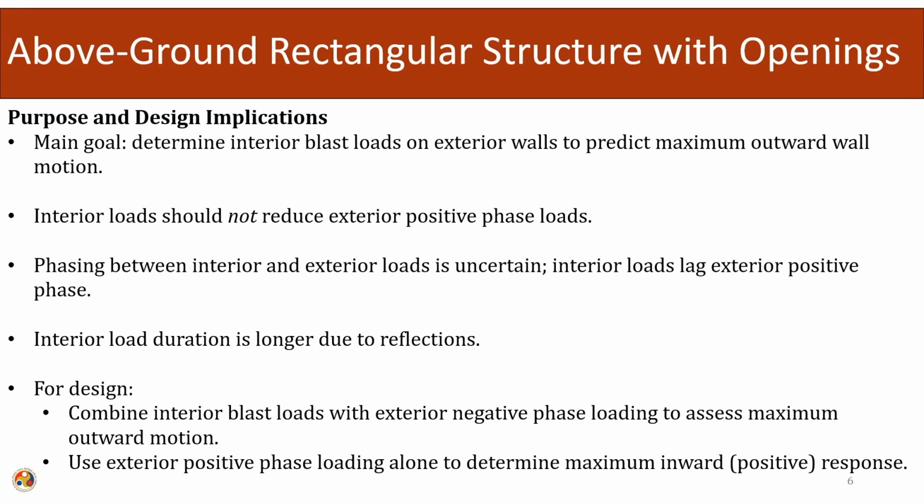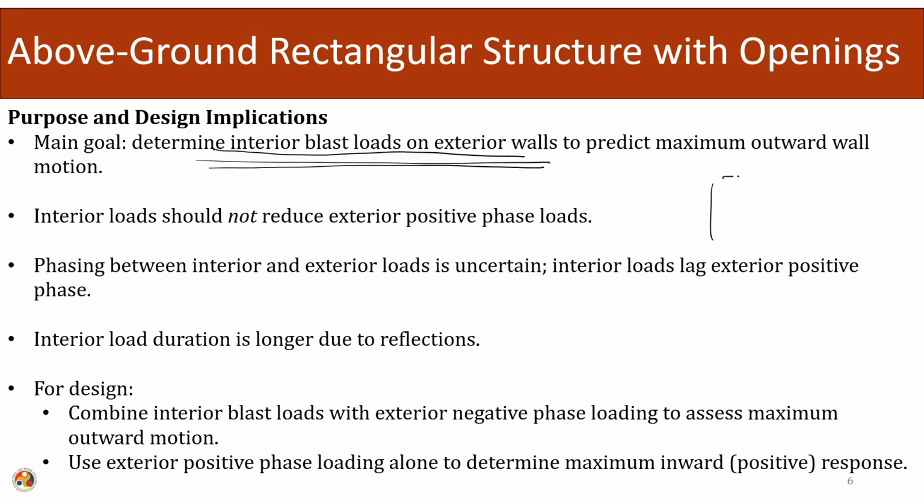Moving ahead, the purpose and the design implications that we learned. Our main goal is to determine the interior blast loads on the exterior walls to predict the maximum outward wall motion.